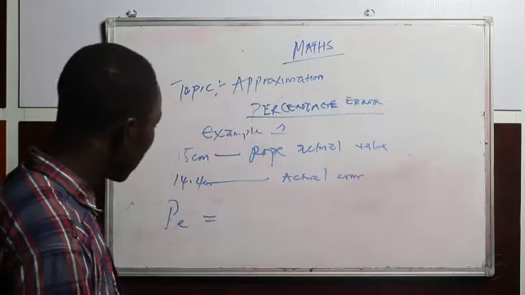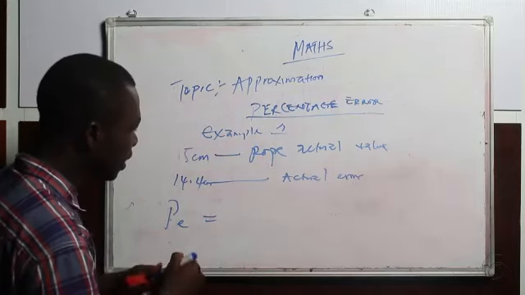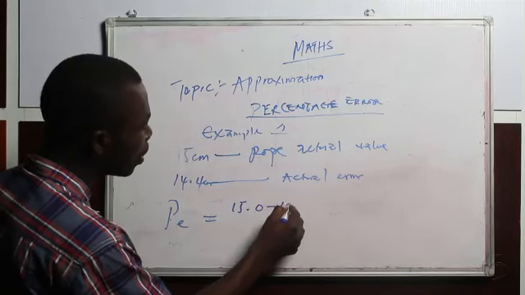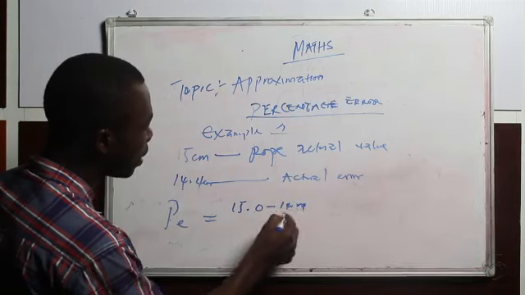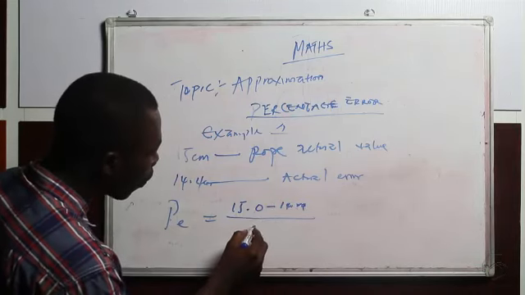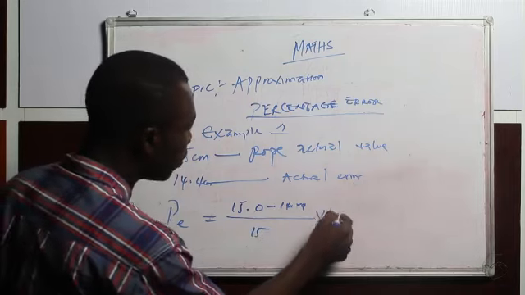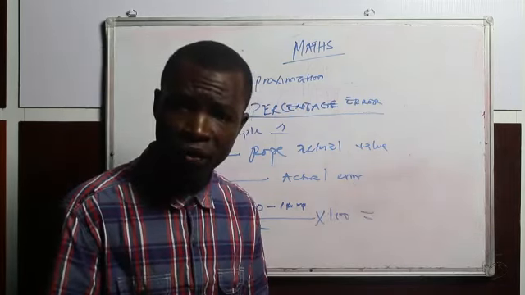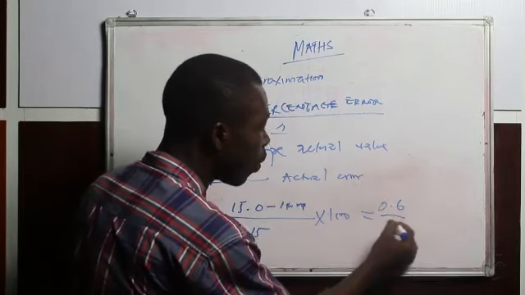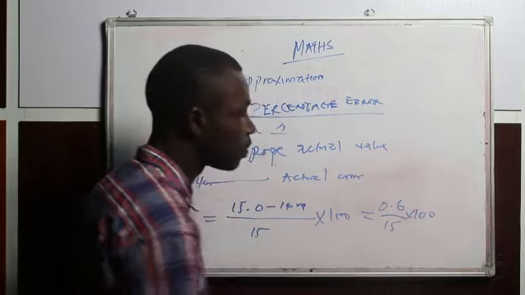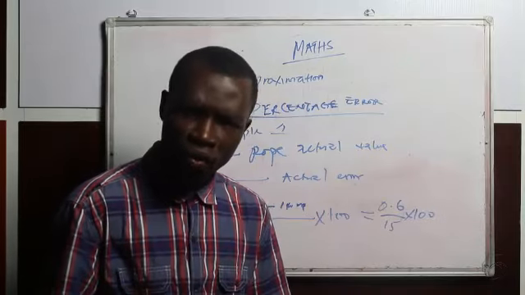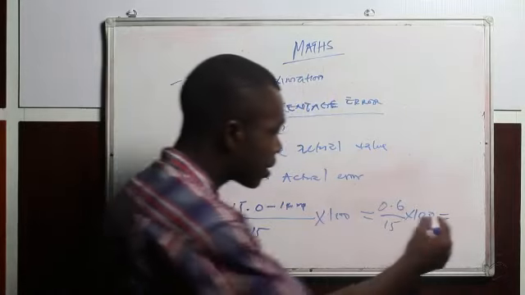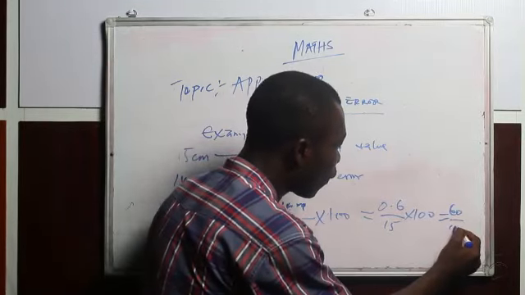Therefore, the percentage error is 15.0 minus 14.4 centimeters over 15 times 100, which is 15.0 minus 14.4, giving us 0.6 over 15 times 100, which is equal to 60 over 15.